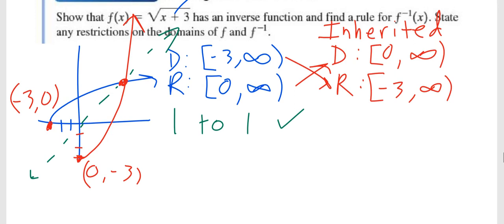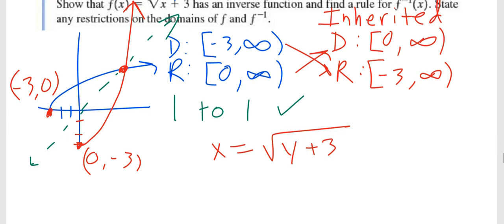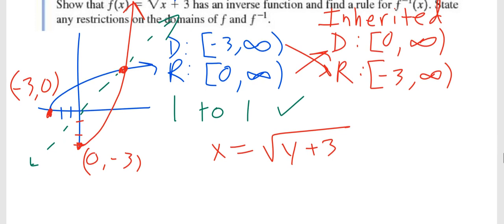All right, so switch x and y. We got x equals the square root of y plus 3. Hopefully we know what to do with this. What do you do to get rid of the square root? Square it. Now what?